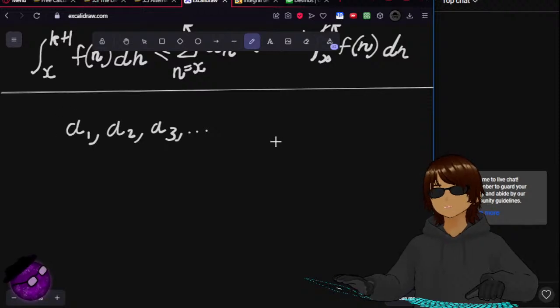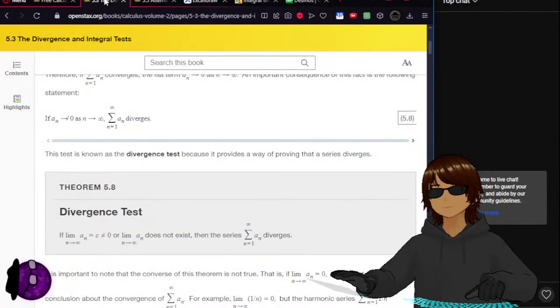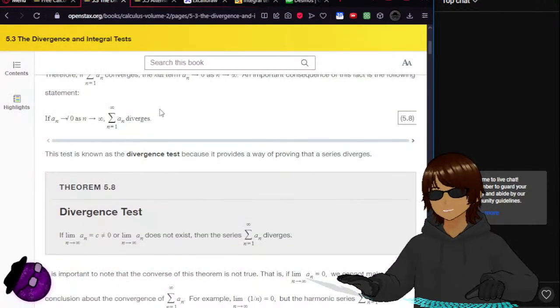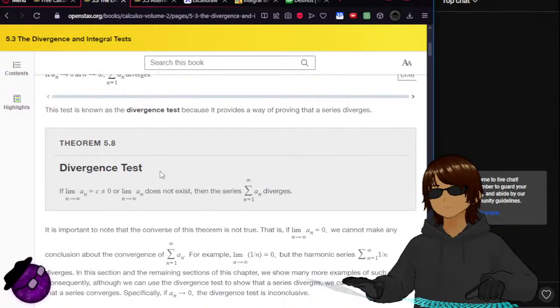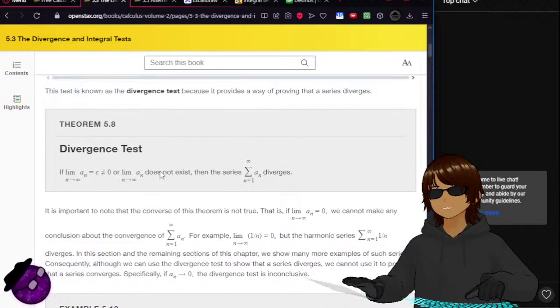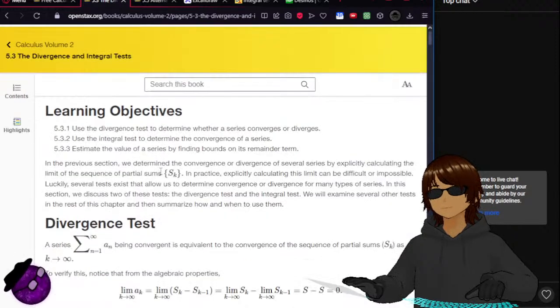And if this is converging, then the series is inconclusive. It may converge or it may not converge. The harmonic series is an example of this. It looks like it converges because each term approaches zero, but it doesn't converge.